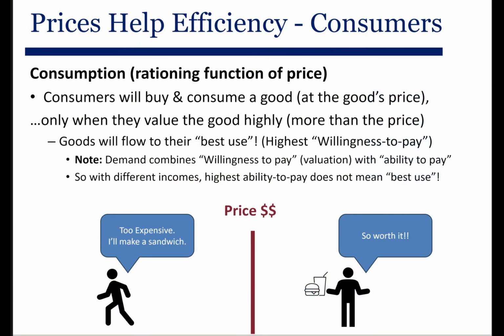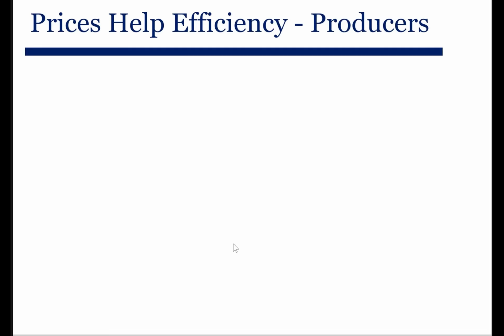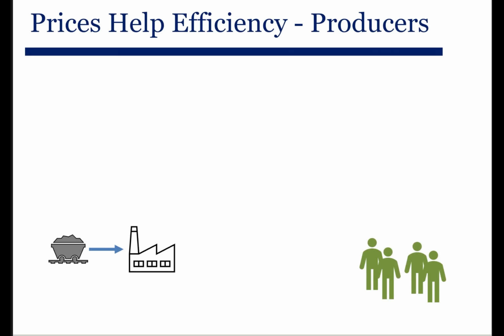So we can also think about efficiency and producers and production. So let's say we have production going on. These raw resources are being used to make stuff for consumers. They're being used to make two different goods, cars and trains. Now consumers' tastes and preferences change. Fewer are using trains.